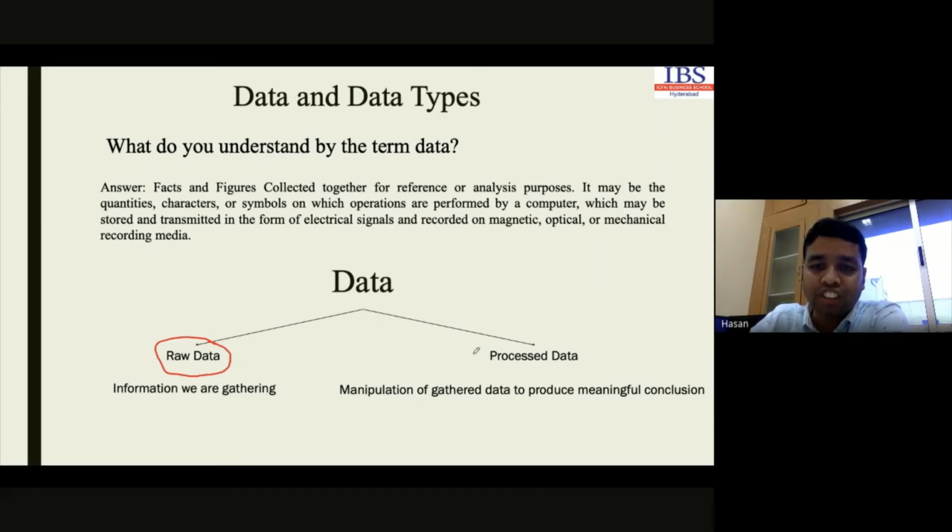Another one is processed data. Processed data means we manipulate or arrange the data so that we can give a meaningful conclusion based on it. So the difference is raw data is any information, with no arrangement, anything can be there. It is information, but any kind of information, this is raw data. But when we arrange this information to draw meaningful conclusions, then it is processed data.